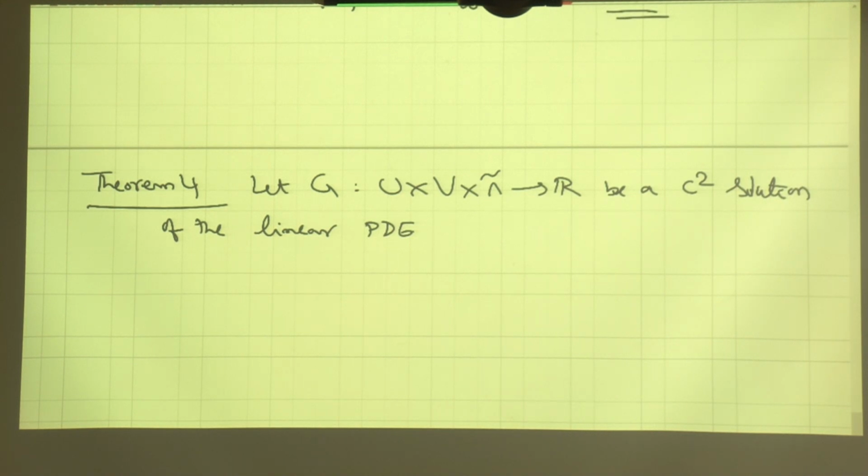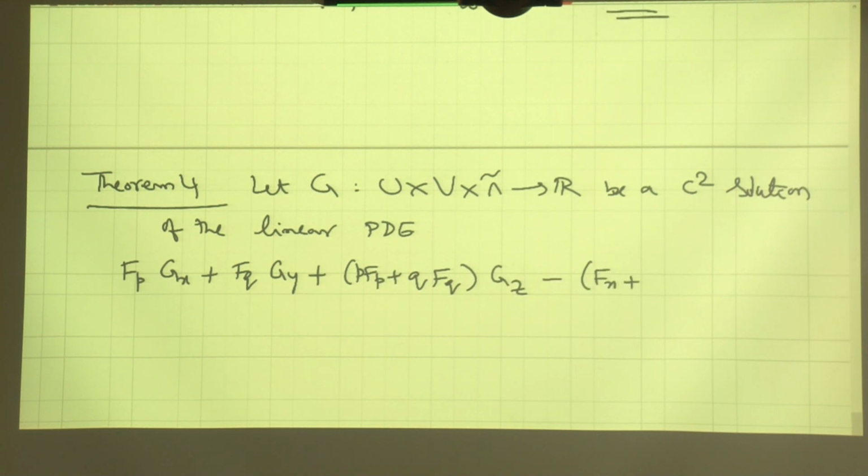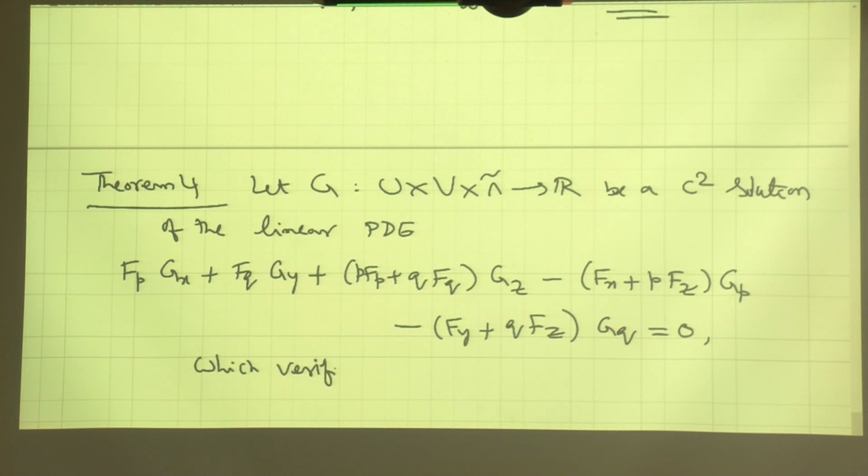Yeah, you see, this is the equation for G. So the equation is this: Fp Gx plus Fq Gy plus (P Fp plus Q Fq) Gz minus (Fx plus P Fz) Gp minus (Fy plus Q Fz) Gq equals 0, which verifies some hypothesis. This looks like what I wrote in the second line in the previous theorem.